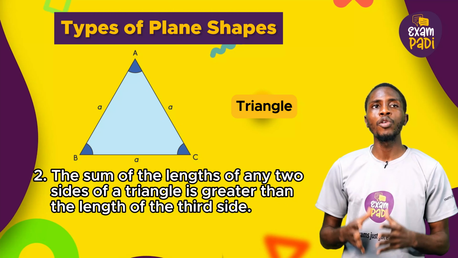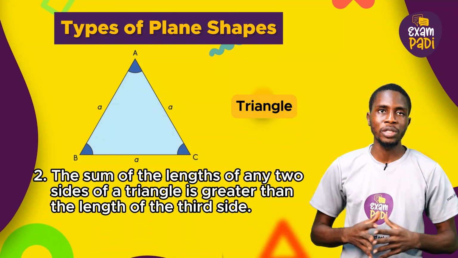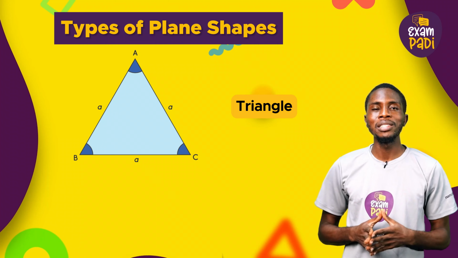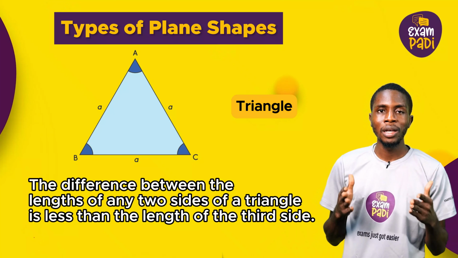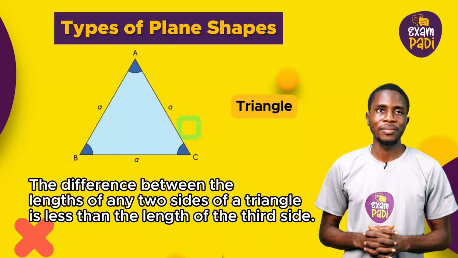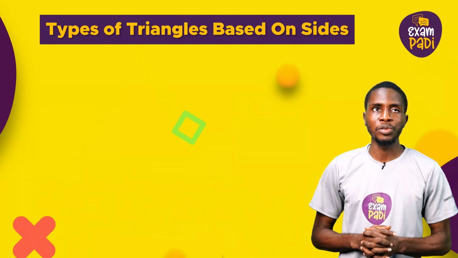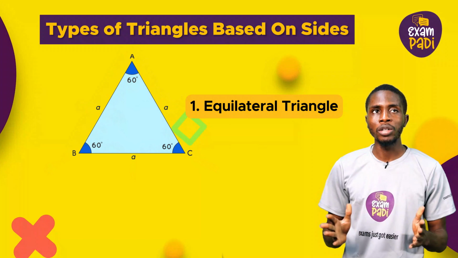The sum of the lengths of any 2 sides of a triangle is greater than the length of the third side. Similarly, the difference between the lengths of any 2 sides of a triangle is less than the length of the third side.